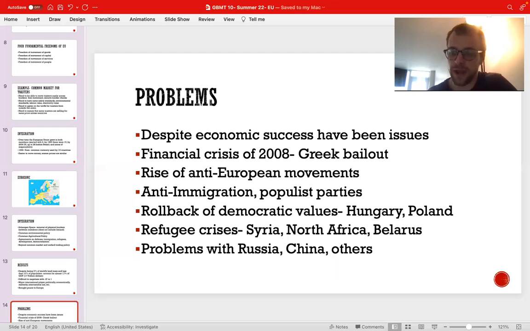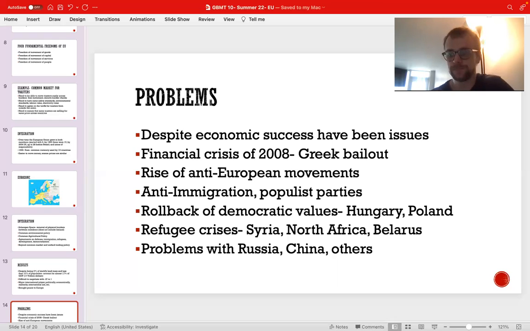We also see the rise of illiberal or quasi-democratic states in the European Union, such as Hungary and Poland, where the rights of minority groups, such as the LGBTQ community and refugees, are increasingly under attack from far right-wing political leadership. Specifically, Viktor Orban in Hungary has come under scrutiny from the European Union for his illiberal policies in recent years.